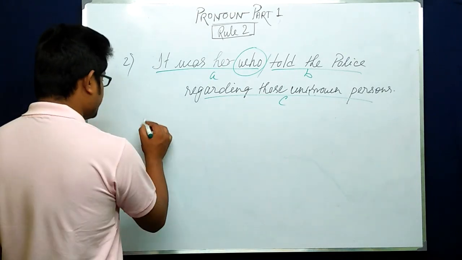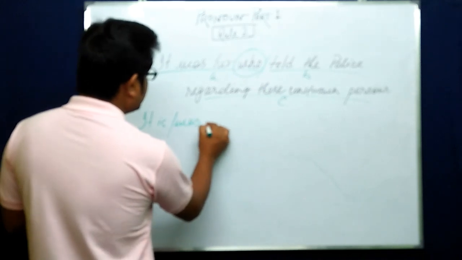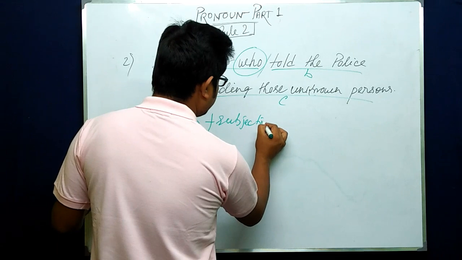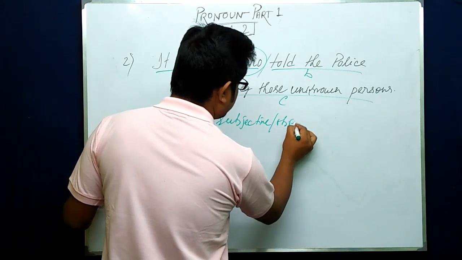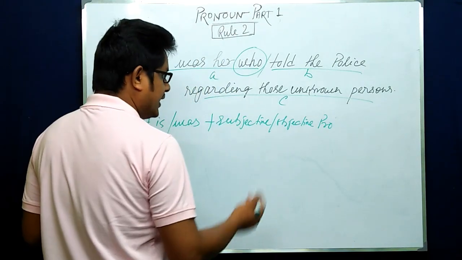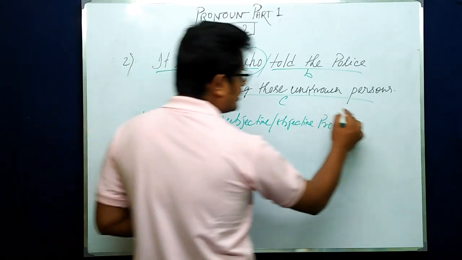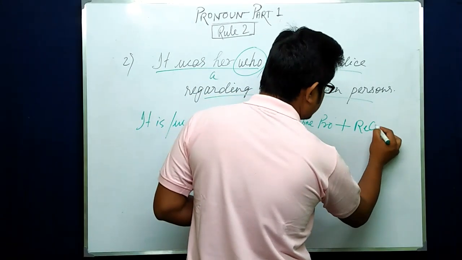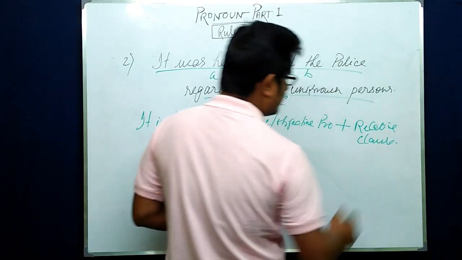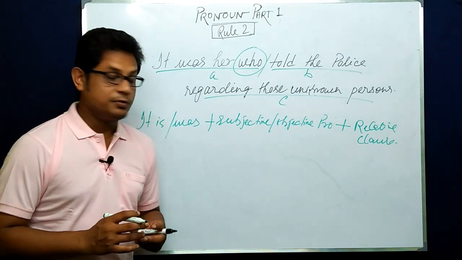If the sentence structure is like this, it is or it was plus subjective or objective pronoun, and then you want to use any relative clause, then there is a rule, there is a process for how to use them.